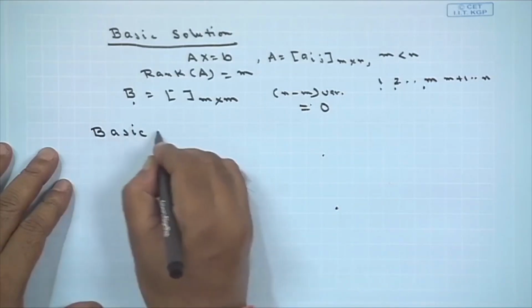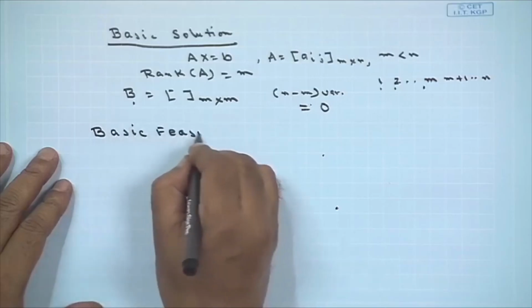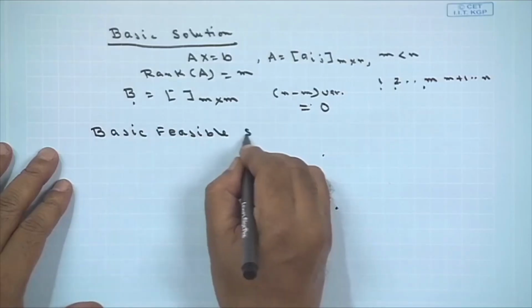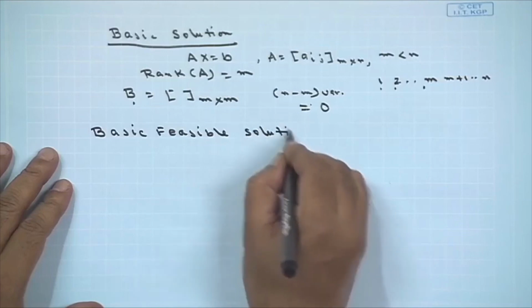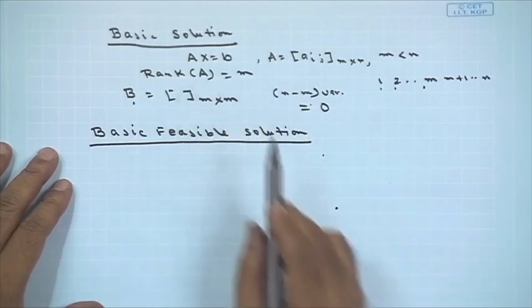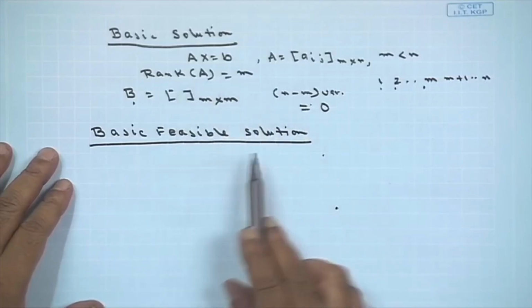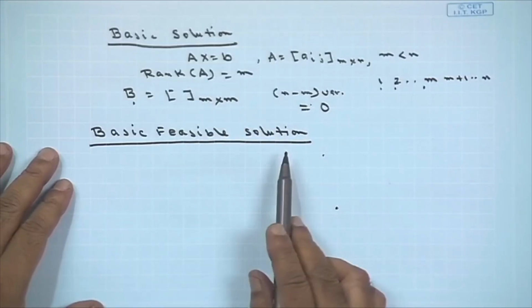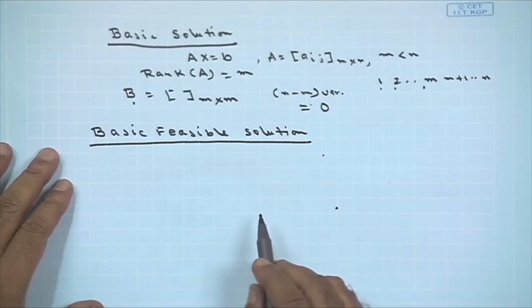Then there comes the basic feasible solution. We have done the feasible solution earlier, and we have done the basic solution. Now we come to the basic feasible solution. If you remember, a feasible solution is a solution which satisfies the constraints.